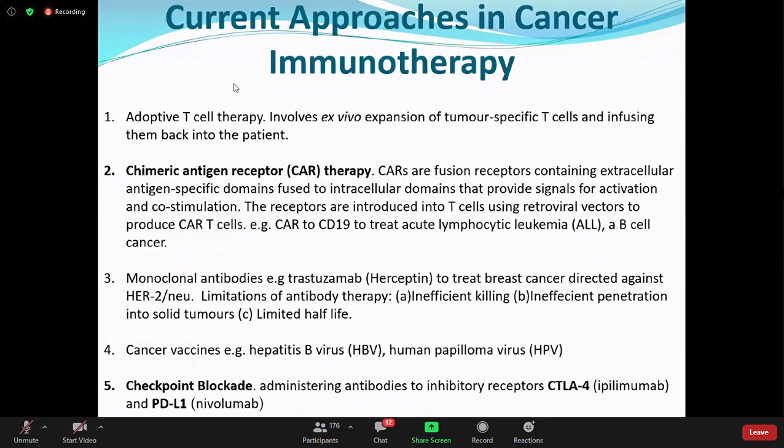Another mechanism of immunotherapy involves expanding tumor-specific cytotoxic T cells in vitro. So basically what you do is you take blood out of this patient who's got cancer, knowing that within that blood there is a certain proportion of cytotoxic T cells against the cancer.